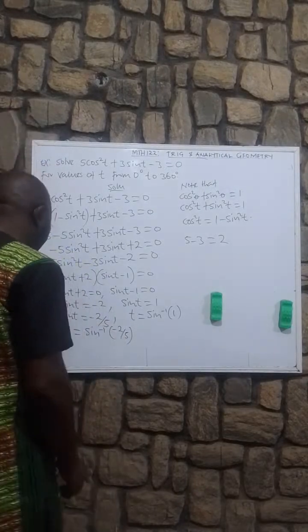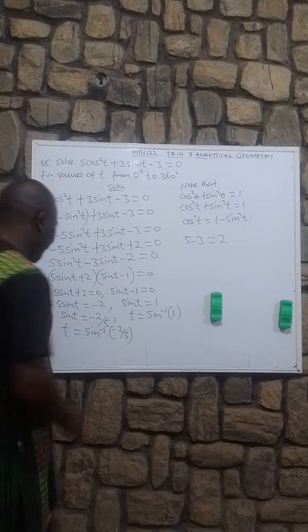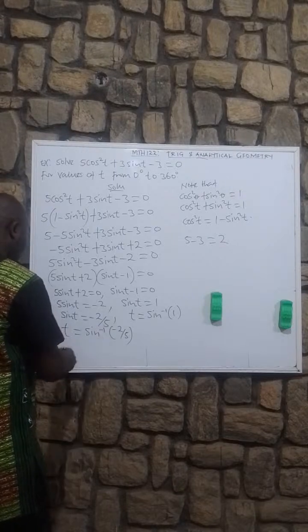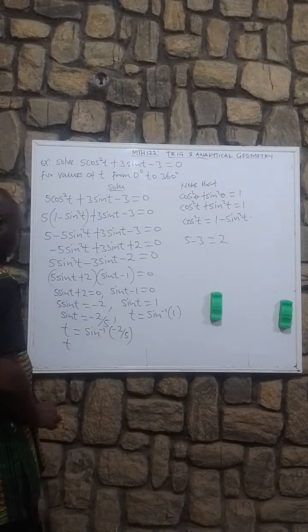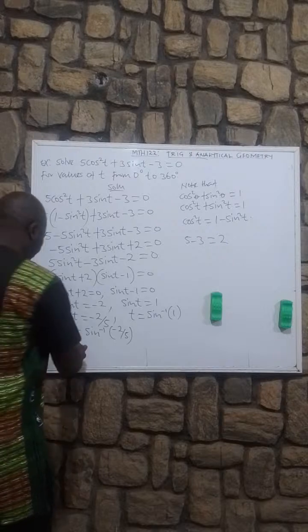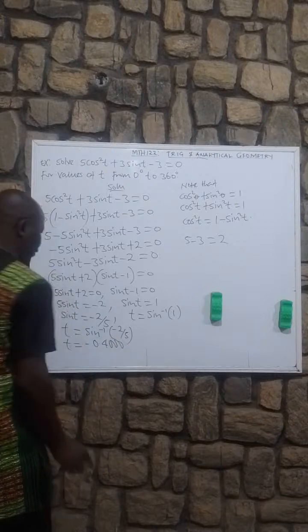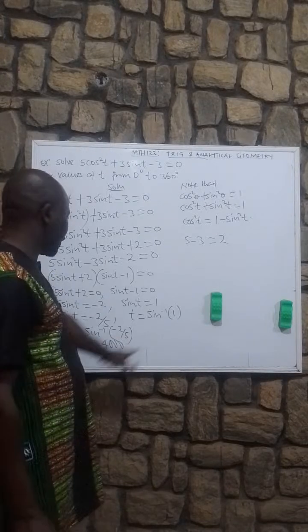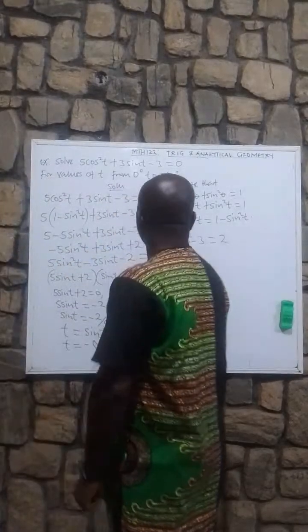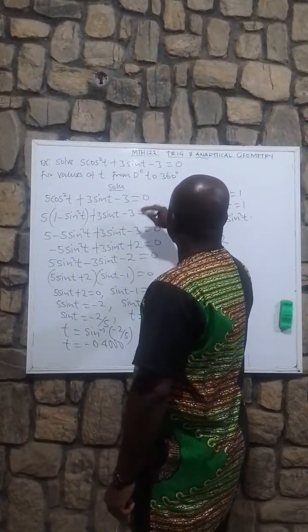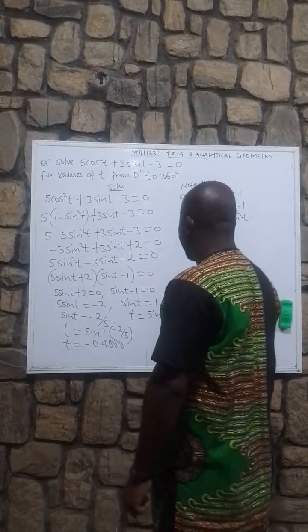Okay, so far so good. As you can see now, look at it here. Sine inverse of minus 2 over 5 is minus 0.4. Then consider this: they said t from 0 degree to 360 degree.